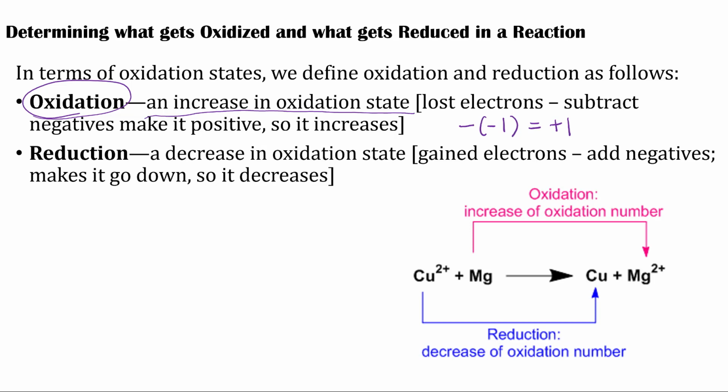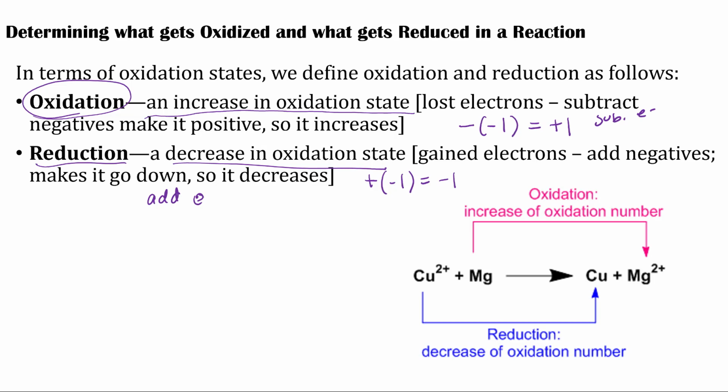If it decreases in oxidation state, so if we add negatives, then the number goes down. So here we're adding electrons, and here we're subtracting electrons. Reduction means a decrease in oxidation state, oxidation means an increase in oxidation state.